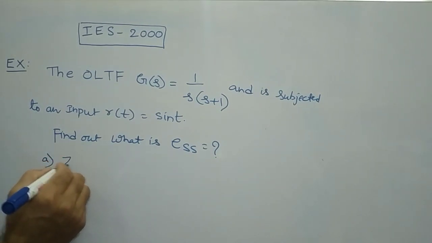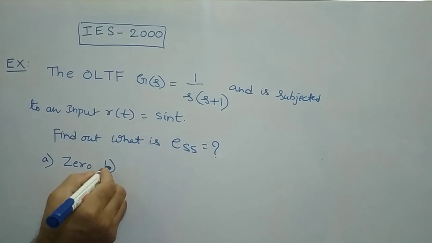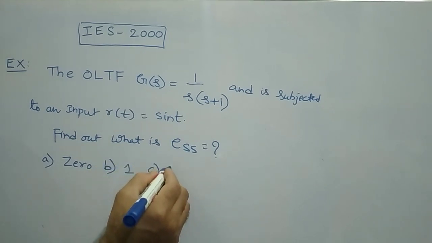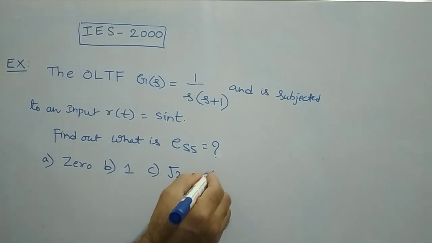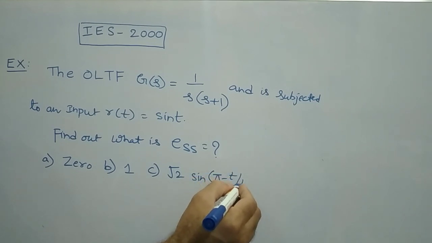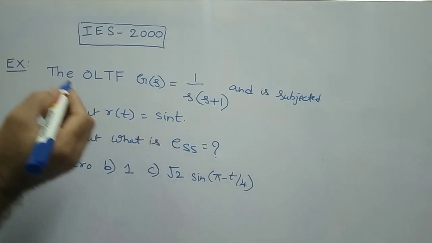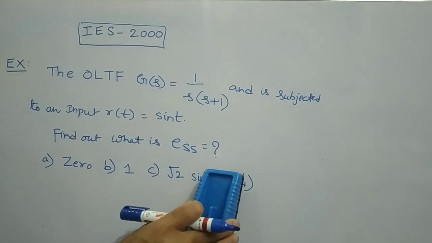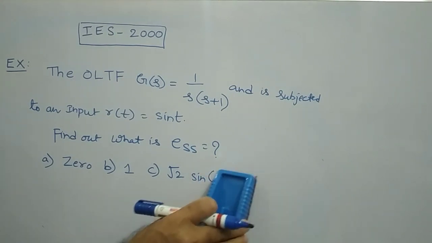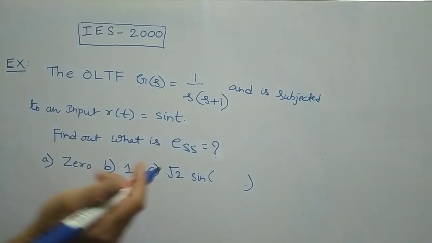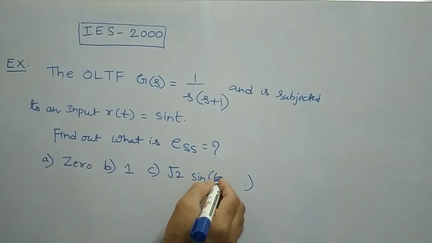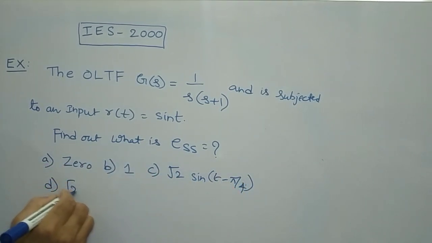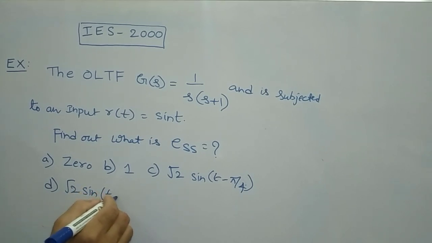The first option is 0, the second option is 1, the third option is root 2 times sine of t minus pi by 4, and the D option is root 2 of sine t plus pi by 4.